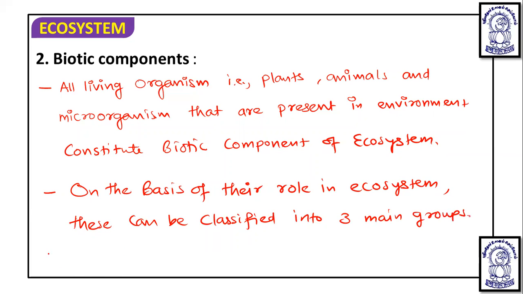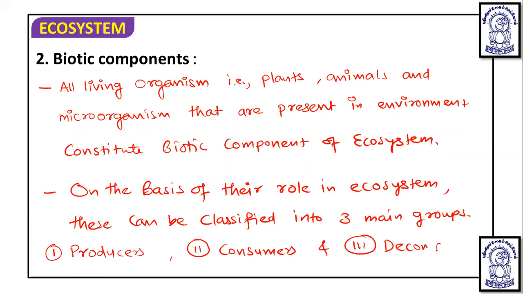And these three main groups are first, producers, second, consumers, and third, decomposers. So all these three make up the biotic component. Now we are going to discuss these producers, consumers, and decomposers one by one in more detail.